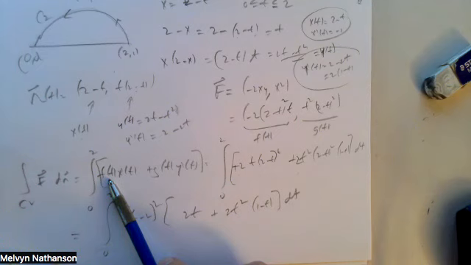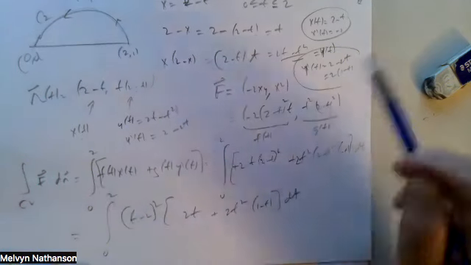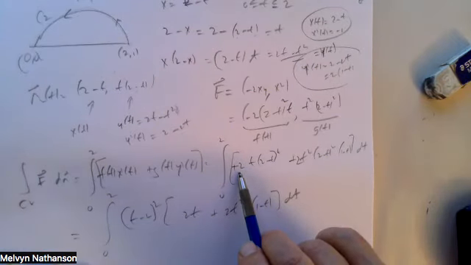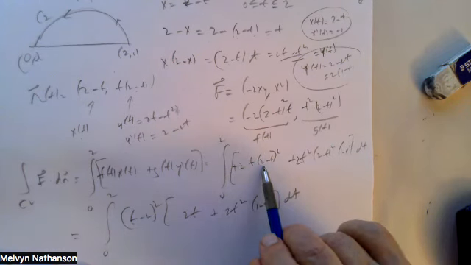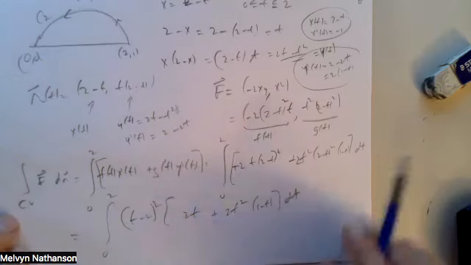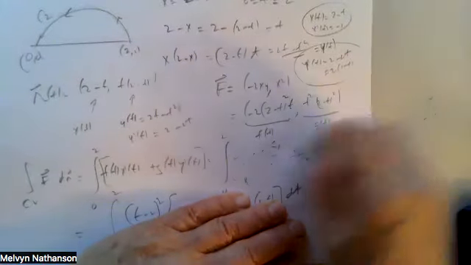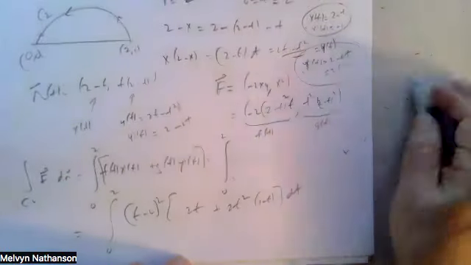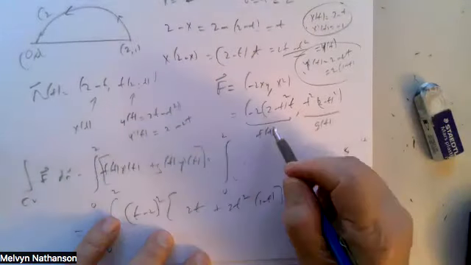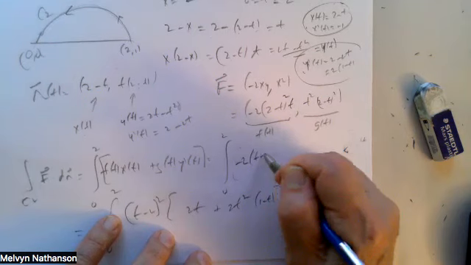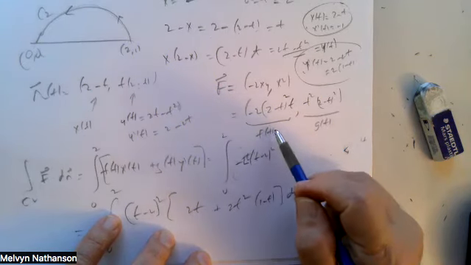What is f of t? f of t is minus 2xy, so that's minus 2 times (2 minus t) squared times t.